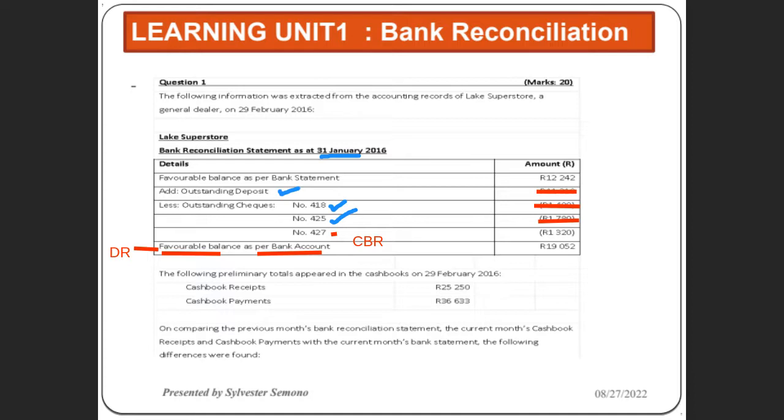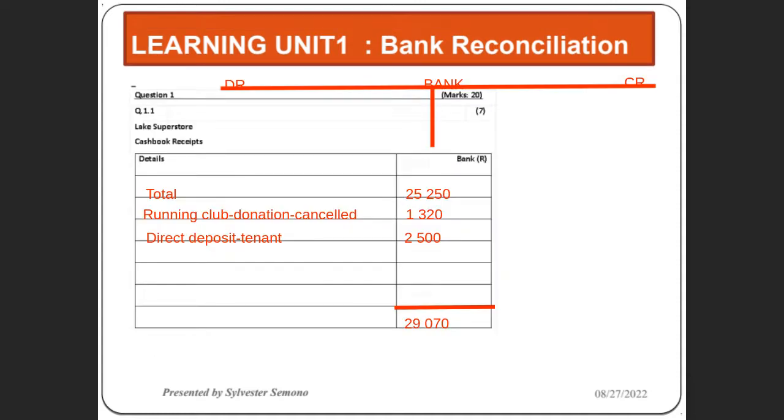So I'm going to go there. My bank account. Let's see if I can find the bank. Yes. Sorry, I'm just going to squeeze. So I think we just have to write it at the same time. When I write, you must also write. So I'm going to come to the debit side. But remember, I'm dealing with the month of February 2016. So this balance will be at the beginning of the month.